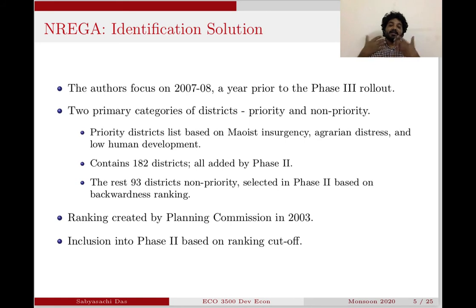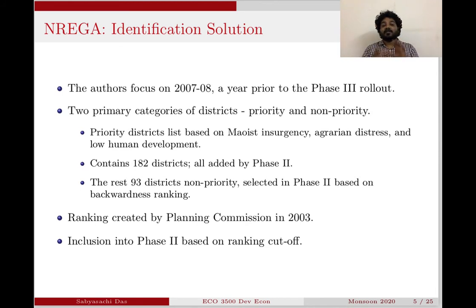They did that for every state specifically, and I'm going to come to this backwardness ranking and selection into phase 2 NREGA. So for every state, they select the districts that are low in the ranking.